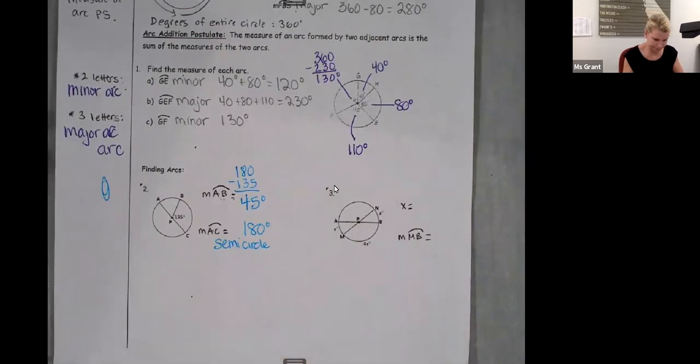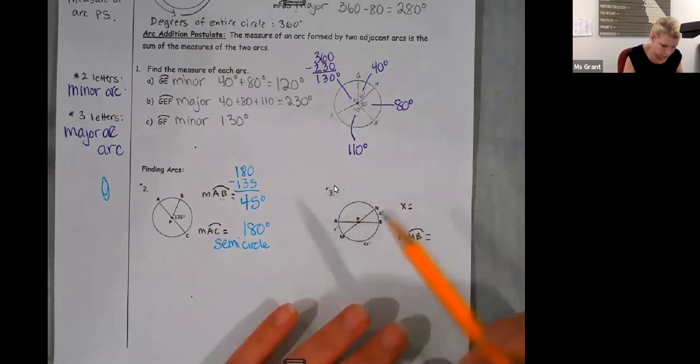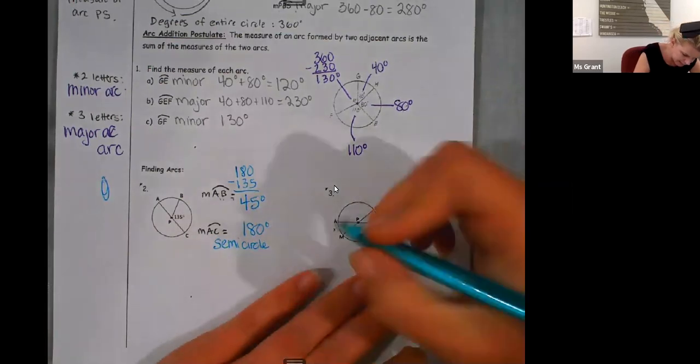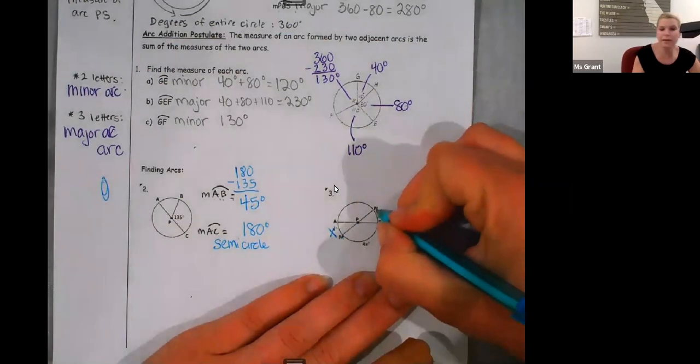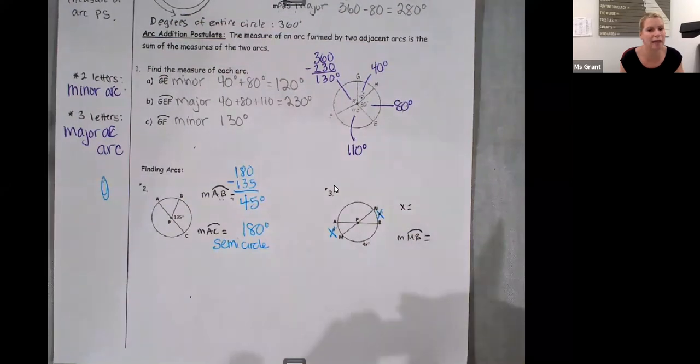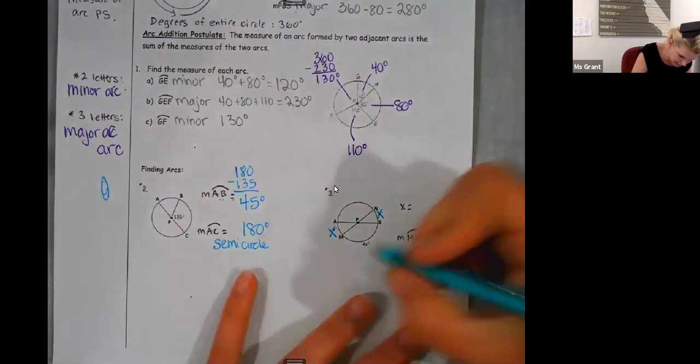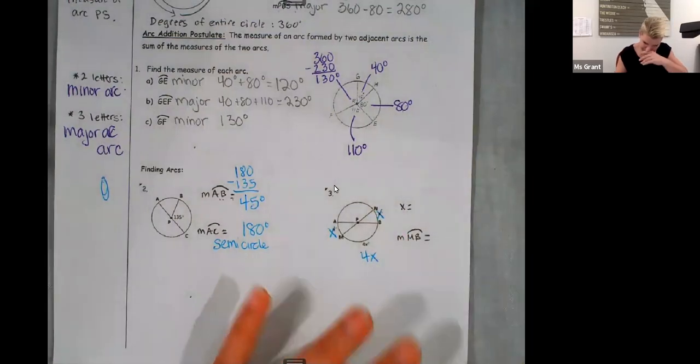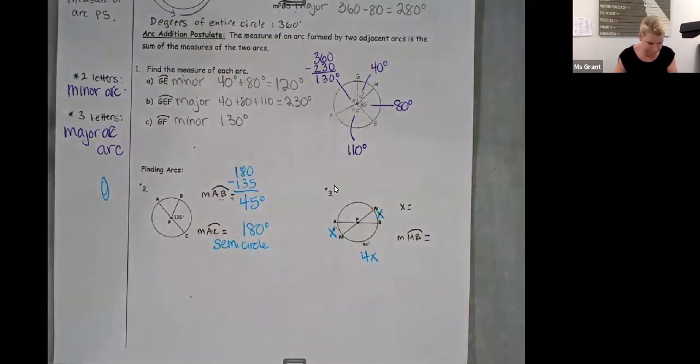Okay, real quick, let's look at number 3. The only thing that I'm told is that I have an X here and an X here. Those are the same size because they're vertical angles. I also have 4X here. I could then say, look, the semicircle is 180 degrees.